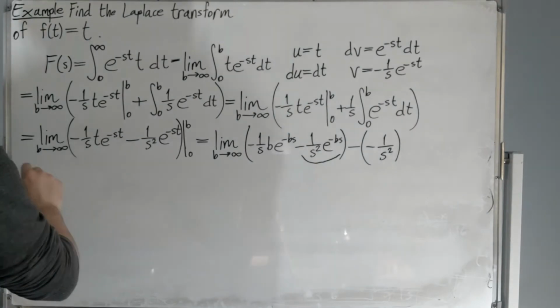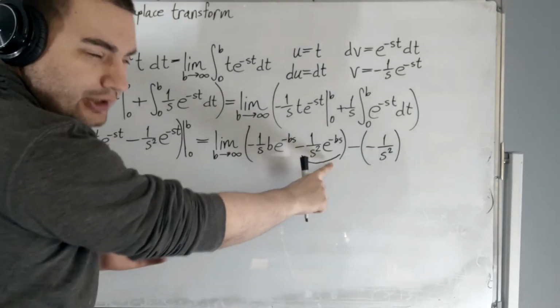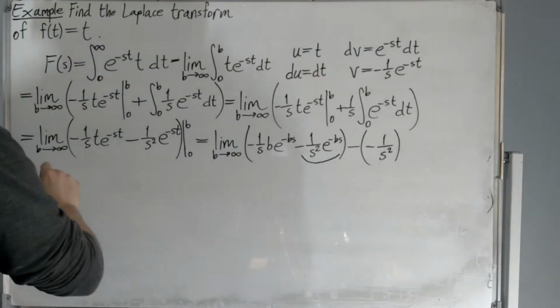So to handle this, we're going to rewrite it. First of all, we can ignore this term now because we know it's going to approach 0. So let's just focus on this term.